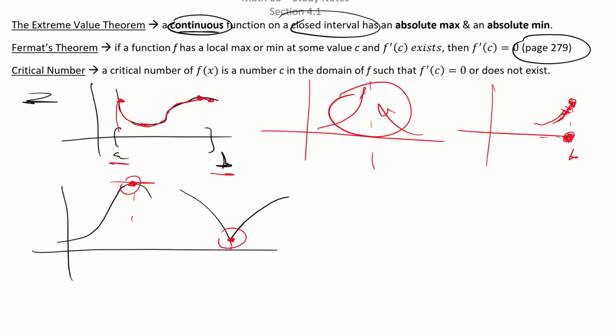Fermat's theorem is saying this: if it has a local max or min at some value, and f prime of that value exists, in this picture here, nice, smooth, and continuous, f prime of this guy does exist. What does he say? Right here, and I covered it up. He's going to say that the derivative is 0. If f prime exists and you have a local max or min, the derivative is 0.